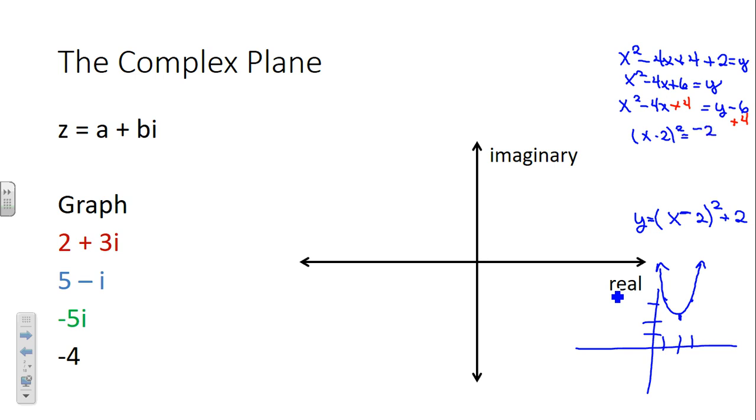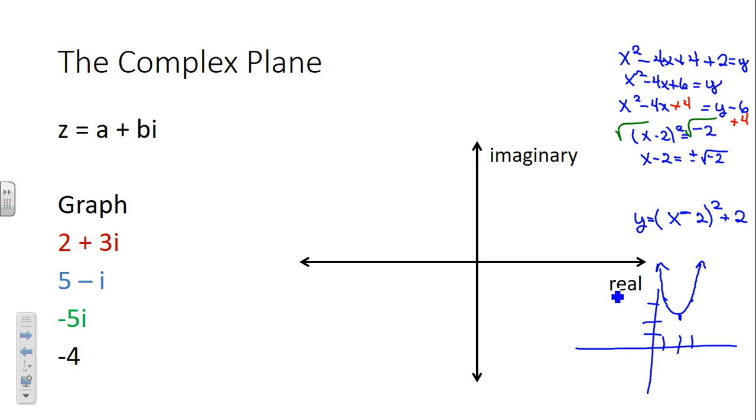Okay, we're trying to solve for 0, right? So we're going to eliminate the y and figure out what the 0 is. Now, how do we get rid of squares? Square roots. So if we square root both sides, we get x minus 2 equals plus or minus the square root of negative 2. Is there going to be a real solution here? No, because we can never, ever, ever do two things, right? We can't divide by 0, and we can't take the square root or an even root of a negative number, right?